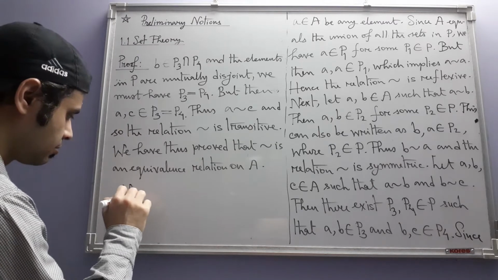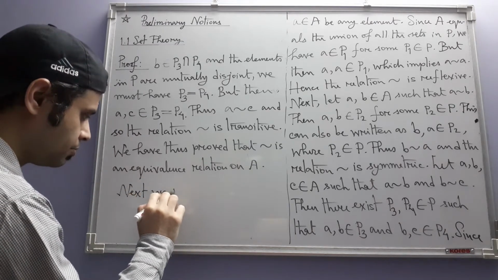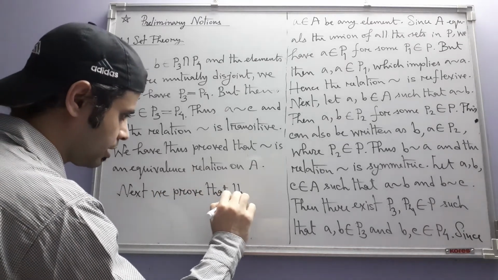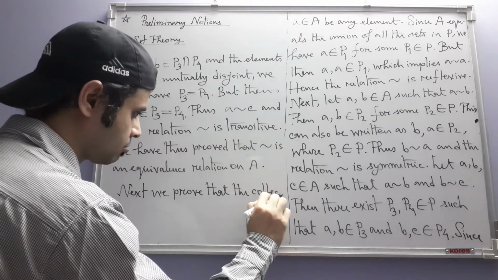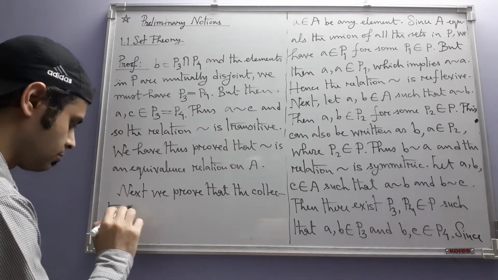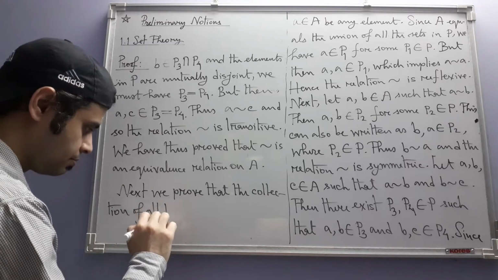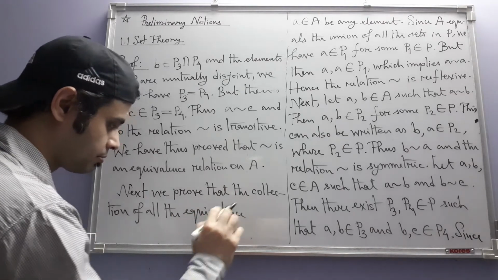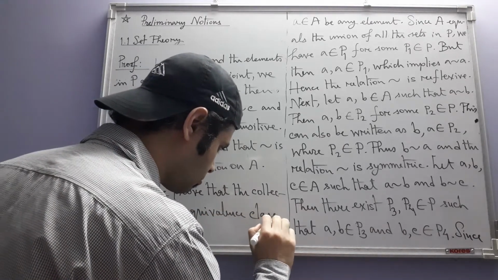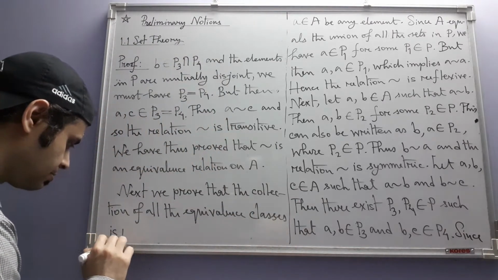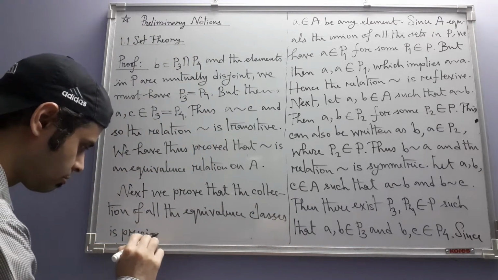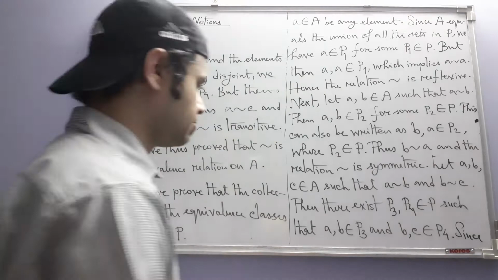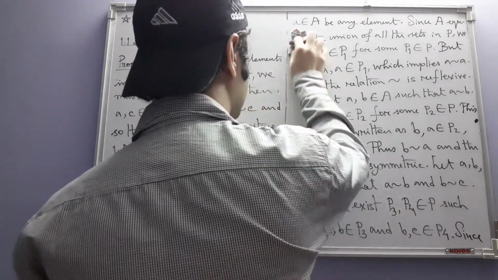Next, we prove that the collection of all the equivalence classes is precisely P. This is what we want to prove now, and that will complete the proof.